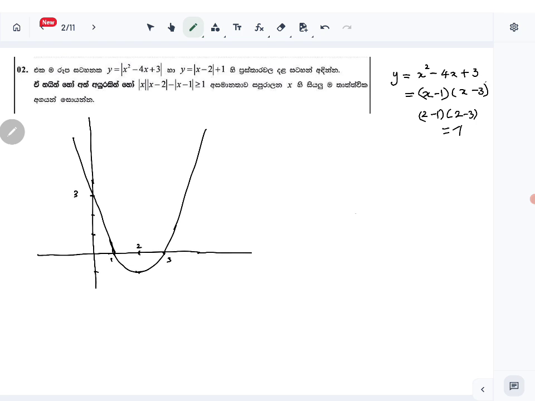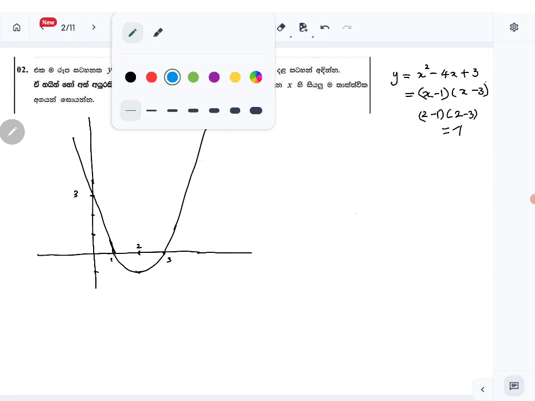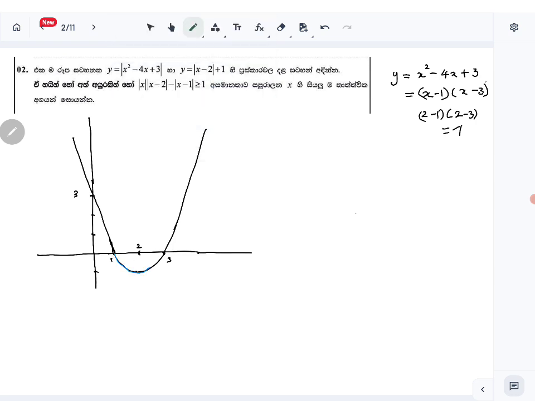Now you want to draw the absolute value graph. No? So then what you need to do is this part below the x-axis, you have to reflect it along the x-axis up. So like that, and then erase the below part. Right. So that will give you the absolute value graph.